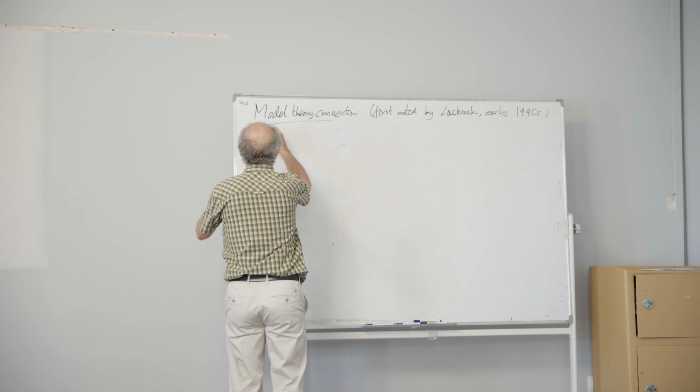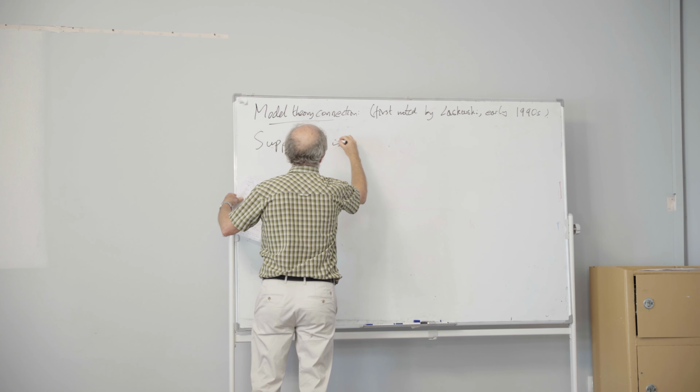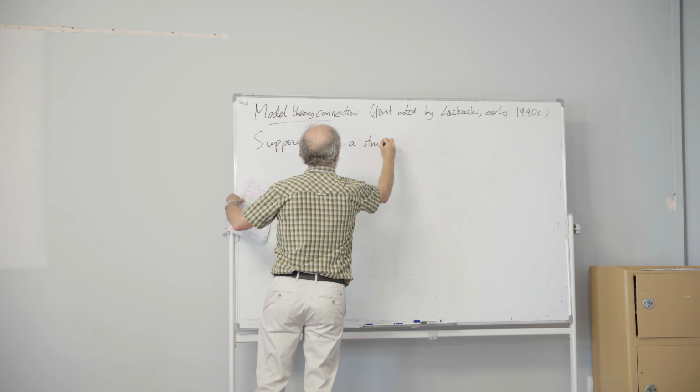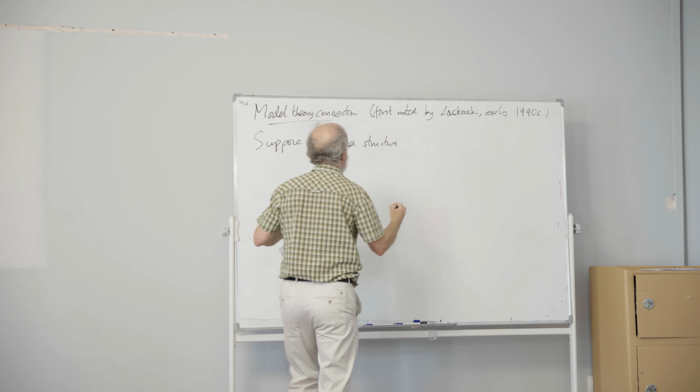So suppose M is a structure. We really mostly work with structures rather than theories here. Phi x bar, y bar, a formula in some language. And we'll just say the length of x bar will be m, the length of y bar will be n.